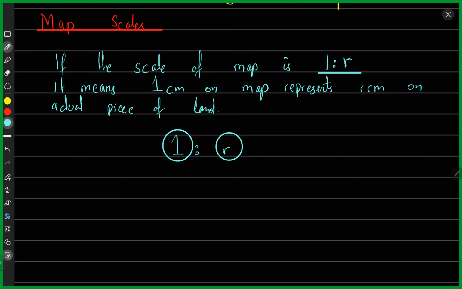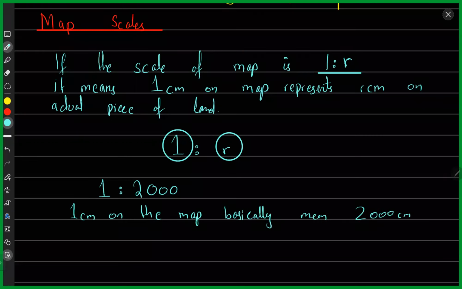For example, let's talk about the dimensions of a small room. And this time around, the scale of map is 1:2000, and it's in centimeters. So this would mean that 1 centimeter on the map basically means 2000 centimeters on actual land.